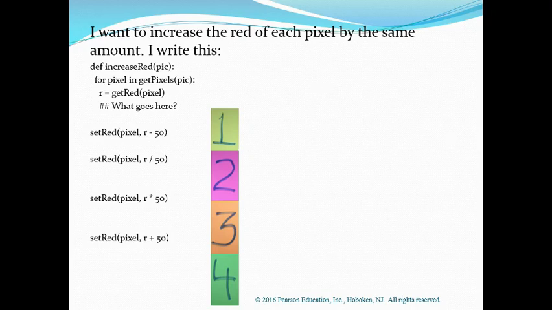Do I multiply by 50? Or do I add 50? So we're going to say we want to increase it by the same amount. We're increasing it. So we can do the bottom one, option 4, which adds 50 to every number in the pixels.